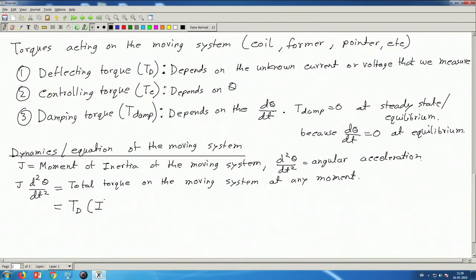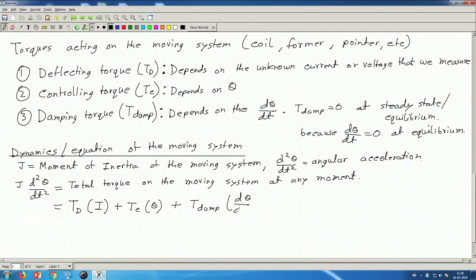Particularly for PMMC instruments we know this is equal to BANI, so it is only a function of the unknown current. So we are considering PMMC as an example now. This is the deflecting torque, and then we will have the controlling torque Tc, which is mainly a function of the angular position theta, and then we will have T damping, which is mainly a function of the velocity.